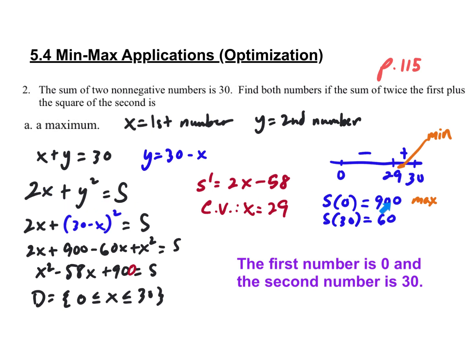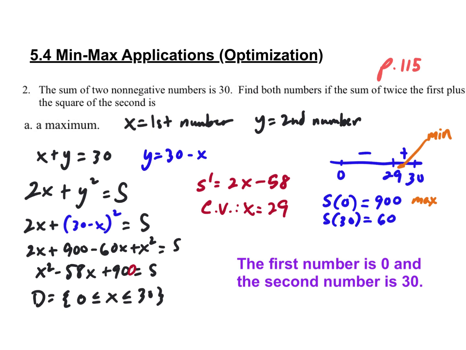Right, and that's where we got the 900 from. If x is 30, then y is 0. That's where we got the 60 from. If x is 29, y is 1. So this is 58 plus 1, which is 59. So now I can establish with certainty that the minimum does in fact occur when x equals 29. Therefore, y has to be 1.